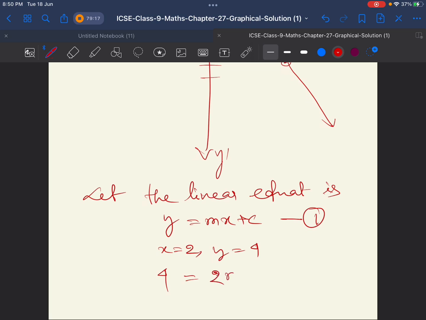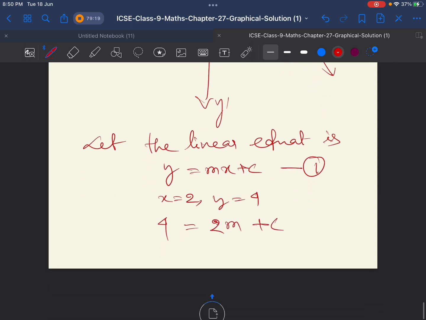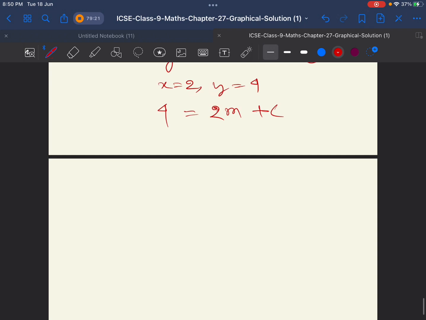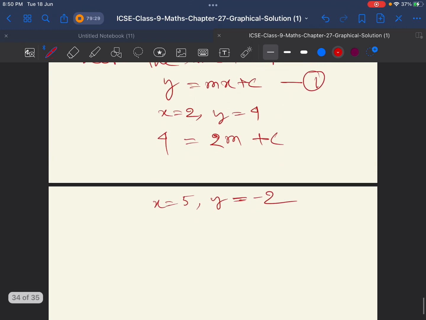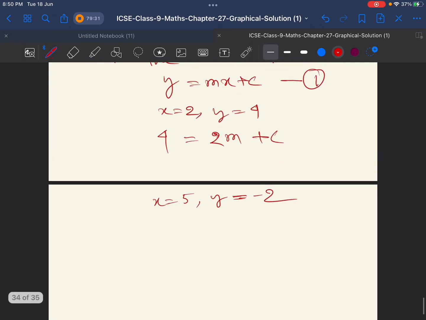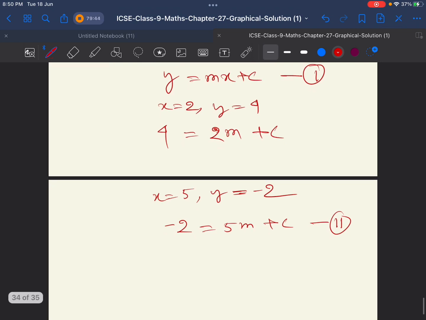When x equals 2, y equals 4, then 4 equals 2m plus c. And when x equals 5 and y equals minus 2, then minus 2 equals 5m plus c.